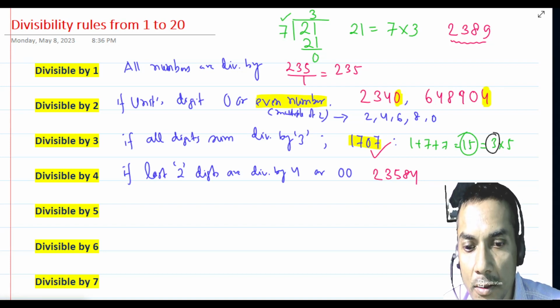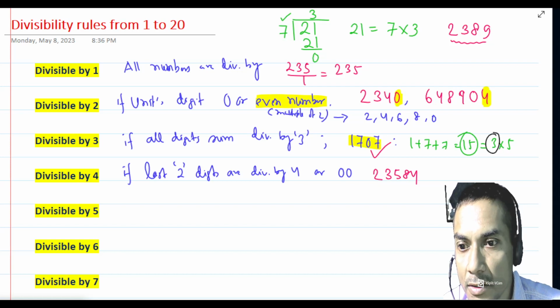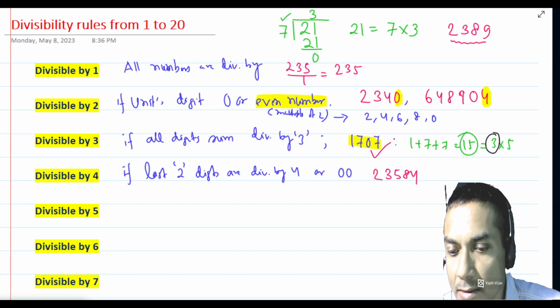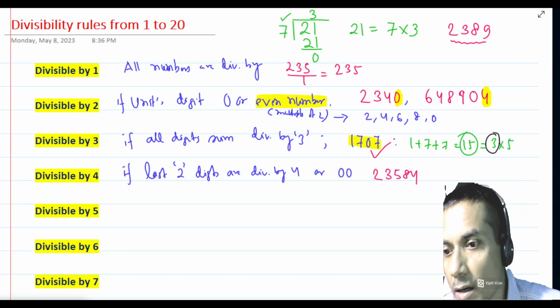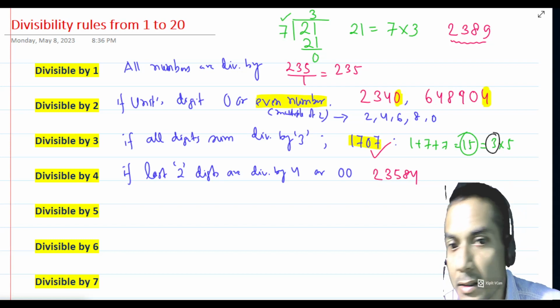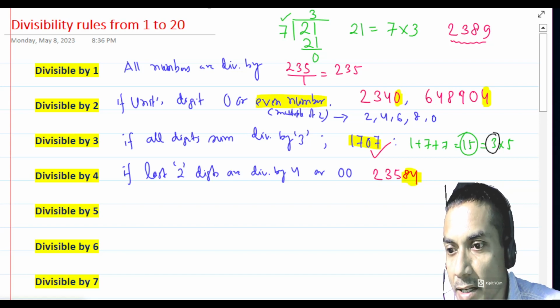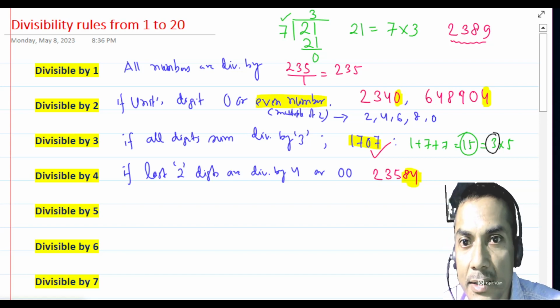If we check it, yes, it is divisible, giving 5896. But how can you check it by applying the divisibility rule? You have to consider the last two digits, that is 84. Now you can check whether it is divisible or not.